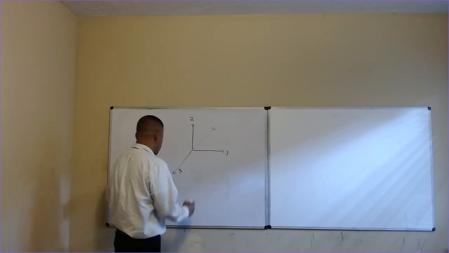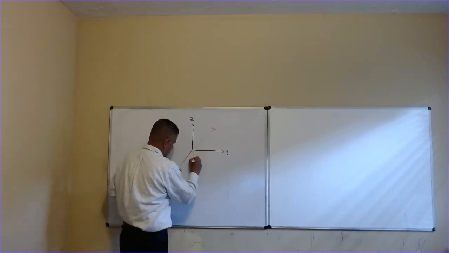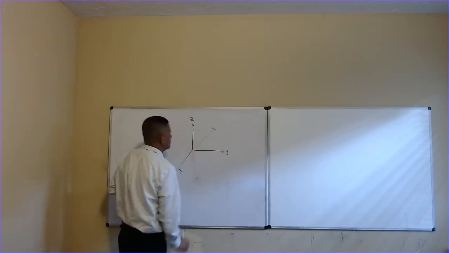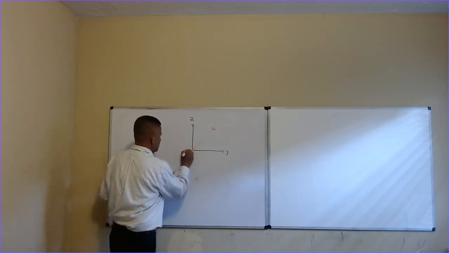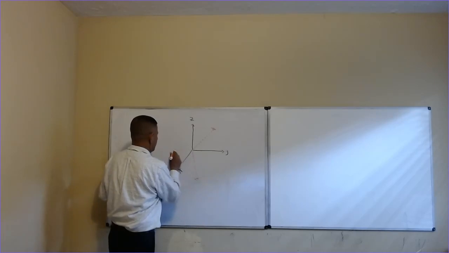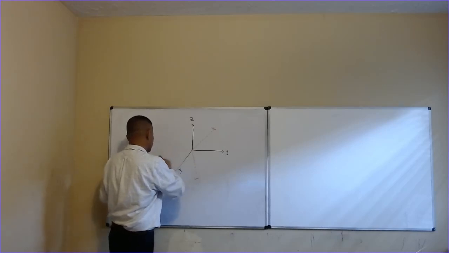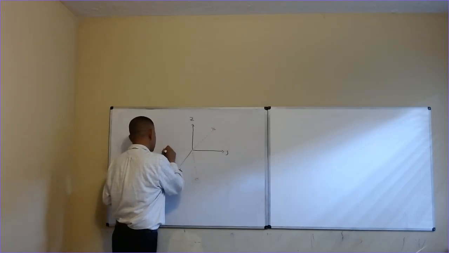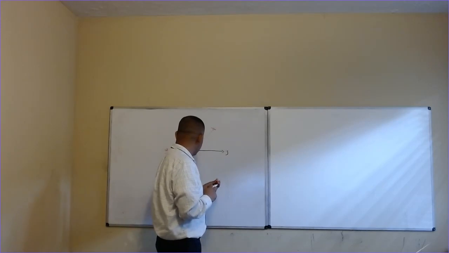The same here. That would be z, and the continuation of that will be x. I'm sorry, y. So this will be y. Now I have something in three dimensions.